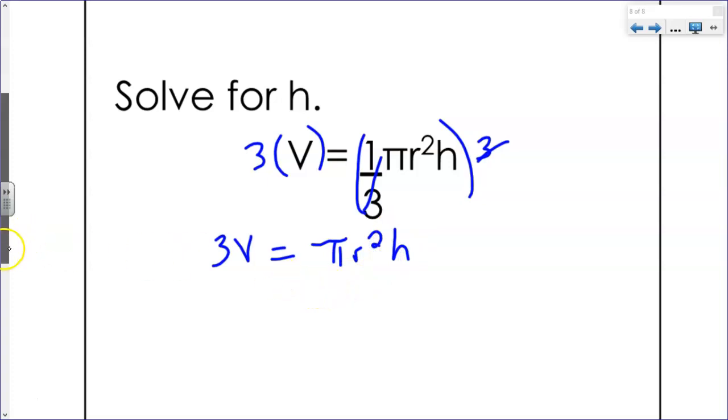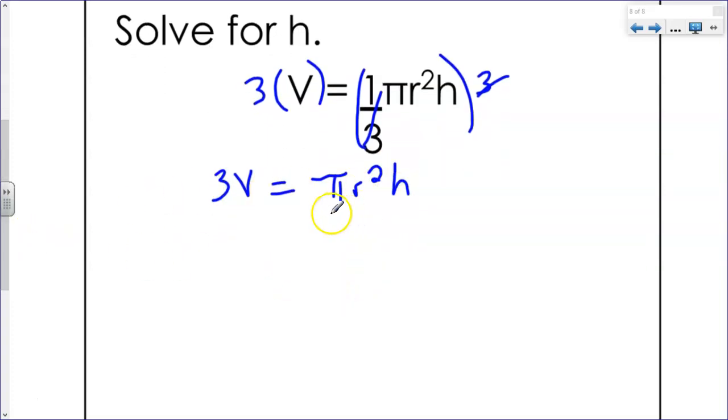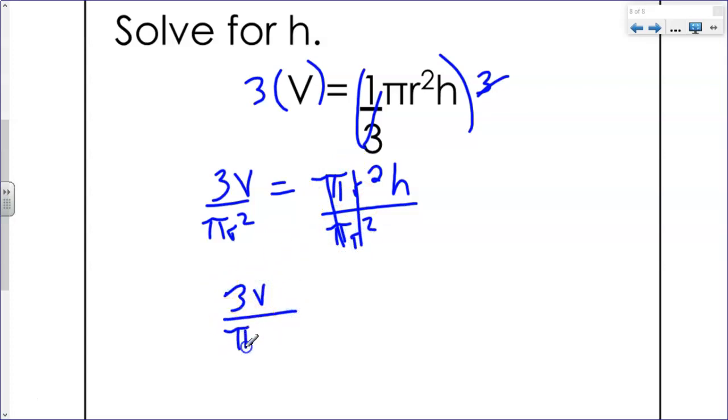Now what are we solving for? That's correct, h. So we're going to divide by pi r squared. This cancels out. My final answer is 3v over pi r squared equals h. Did you get that?